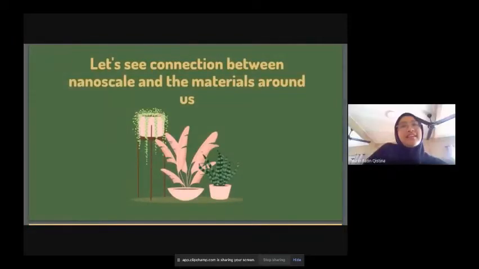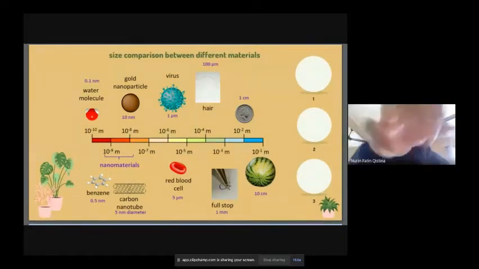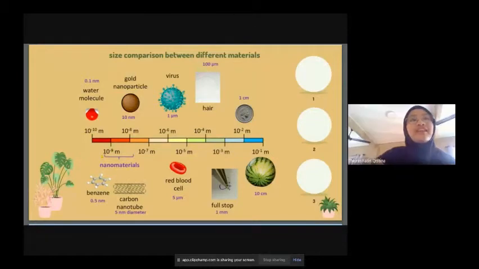So let's see the connection between nanoscale and the material around us. Here I want to show you that nanomaterials actually start from the scale of 10 to the power of -7 meter, and more, to 10 to the power of -10 meter.